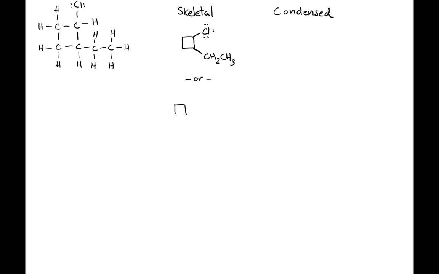I could make this even simpler by essentially drawing the bottom 2 carbons there as part of the skeletal structure. But again, remember that that's not the preferred method, so I won't use that usually. The condensed structure doesn't work quite as nicely for rings.